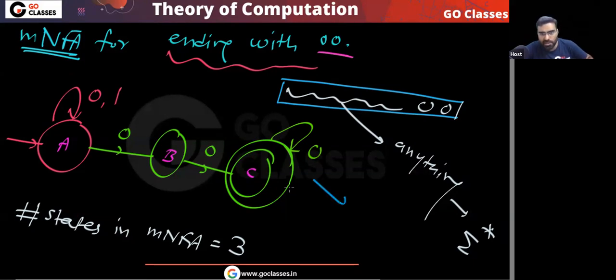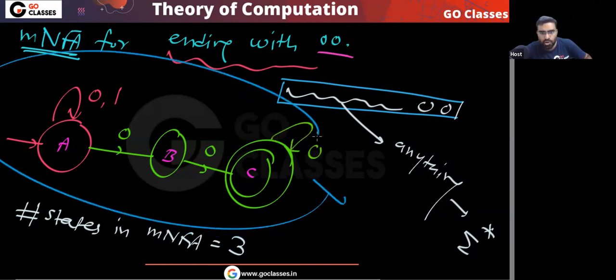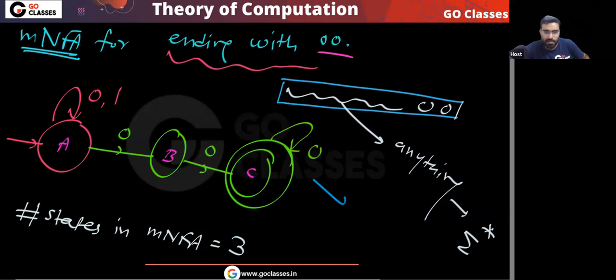This NFA is also correct, and it also has 3 states. The minimal NFA is not unique, but the number of states I can ask. Is this point clear?